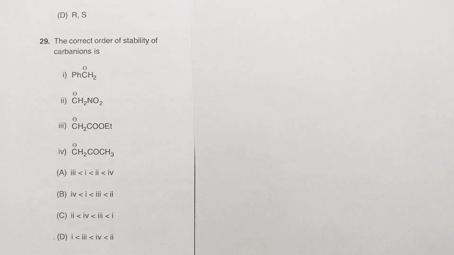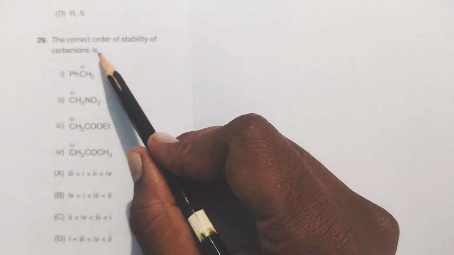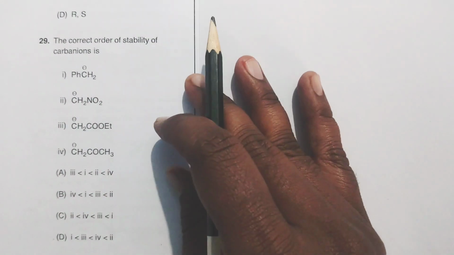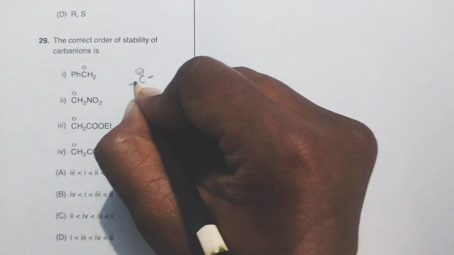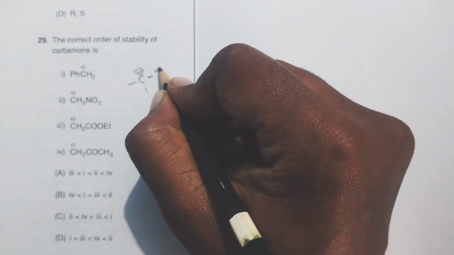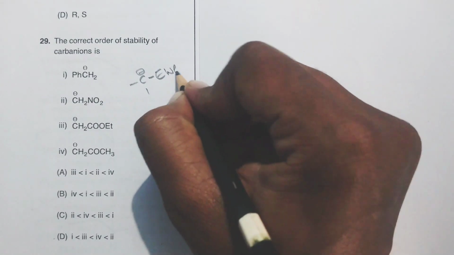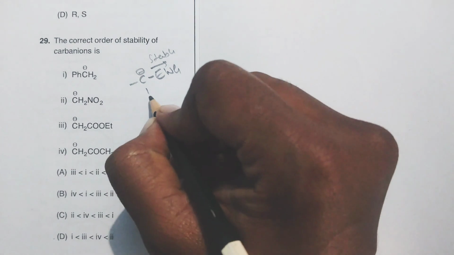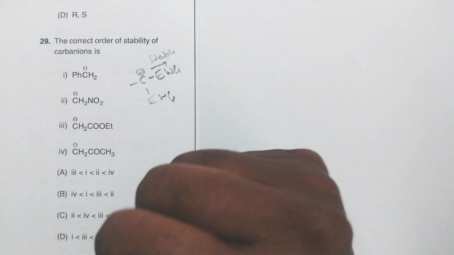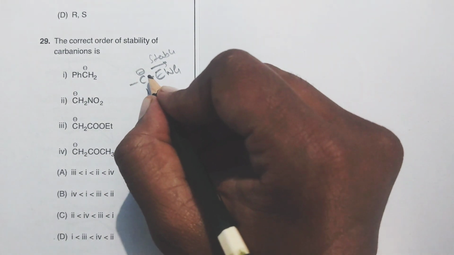Next question is the correct order of stability of carbanions. Carbanions are electron rich centers. Hence when the carbanion is attached to an electron withdrawing group, it will be stable. It should attach with electron withdrawing groups, then it will be stable.